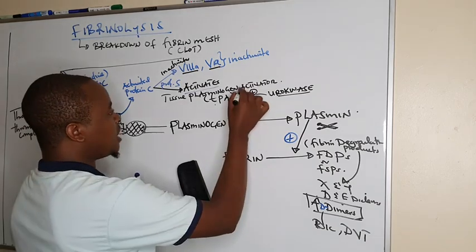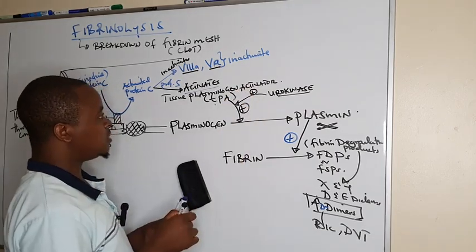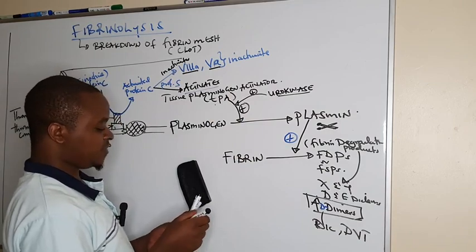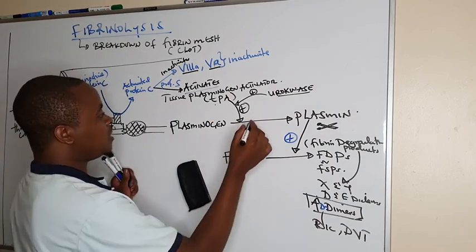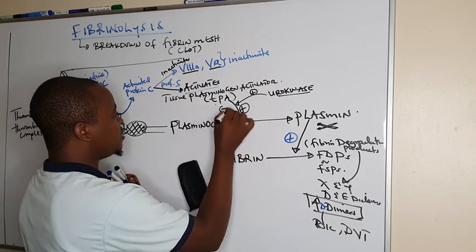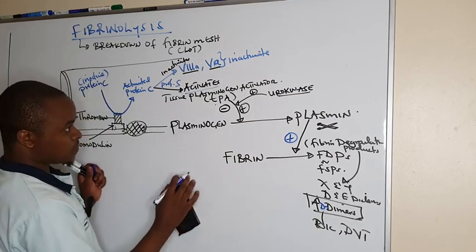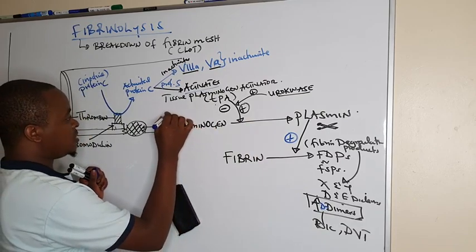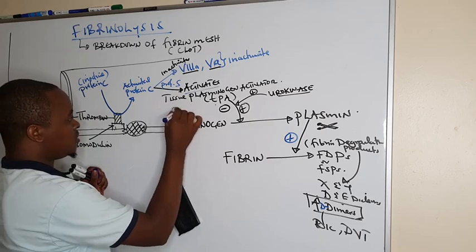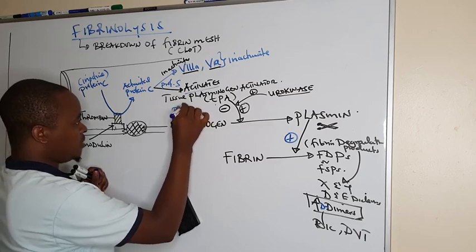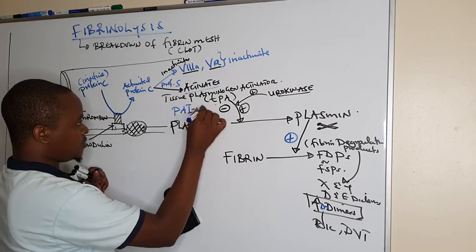At this point, we can get compounds which can inhibit tissue plasminogen activator. And this step is inhibited by a compound known as plasminogen activator inhibitor 1 and 2.